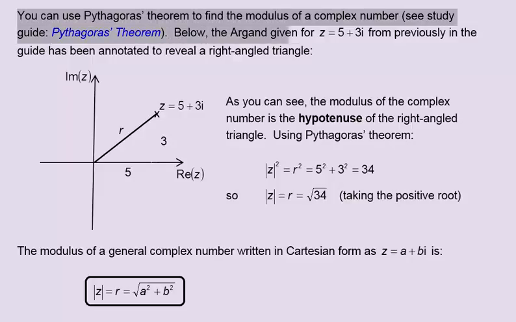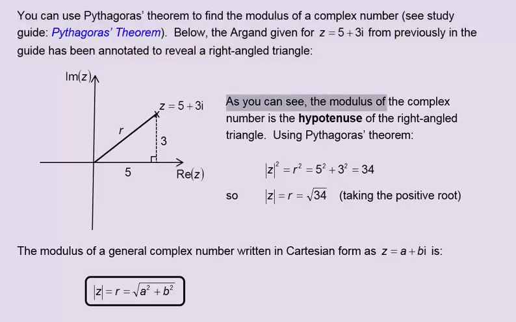Below, the Argand diagram given for z equals 5 plus 3i from previously in the guide has been annotated to reveal a right-angled triangle. As you can see, the modulus of the complex number is the hypotenuse of the right-angled triangle.